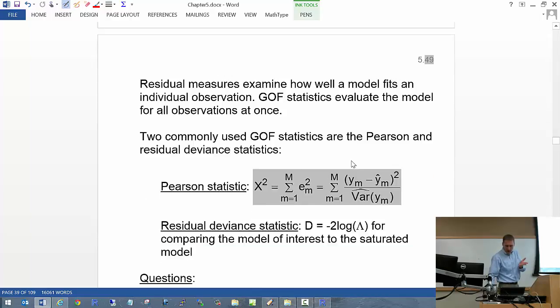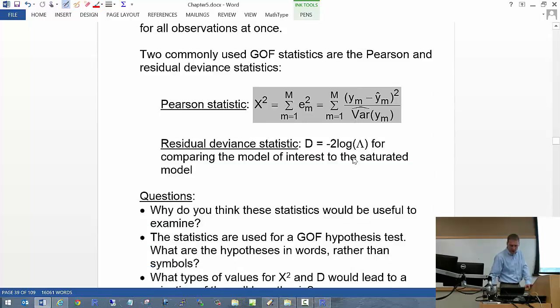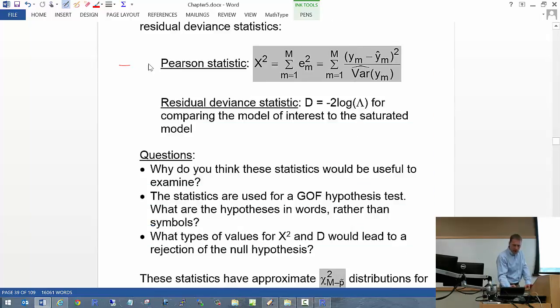They're quite intuitive in how they are formed. We're going to look at two different ones, one called a Pearson statistic. Guess what you do? You just simply add up the squared values of your Pearson residuals across all observations. That's your Pearson statistic. What would you look for here if you had some issues with your model?